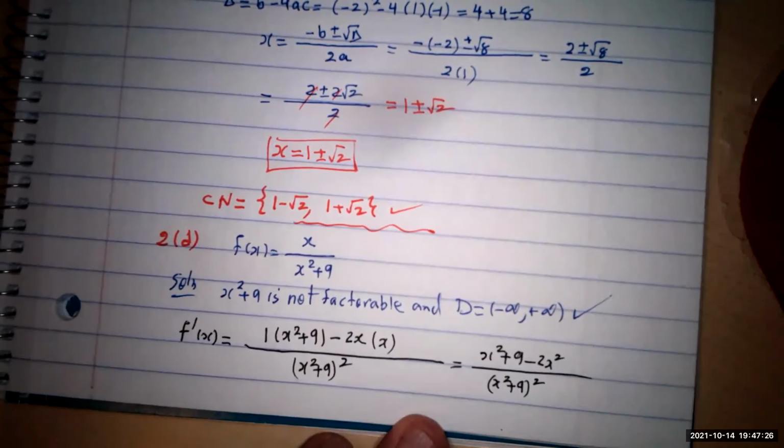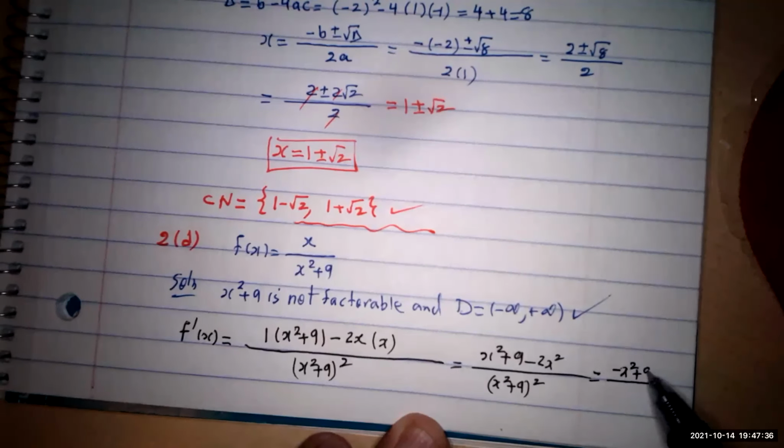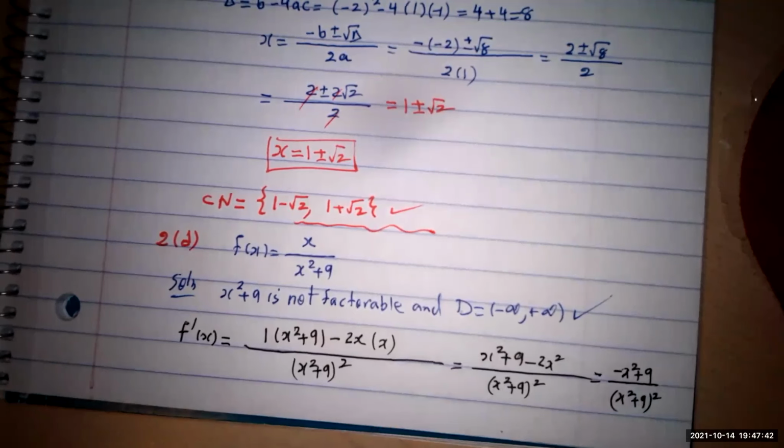Combine the like terms: you have 1x squared minus 2x squared, that gives me negative x squared. So it's going to be equal to negative x squared plus 9 divided by x squared plus 9 all squared. Any question? I just combine the like terms, 1x squared minus 2x squared.